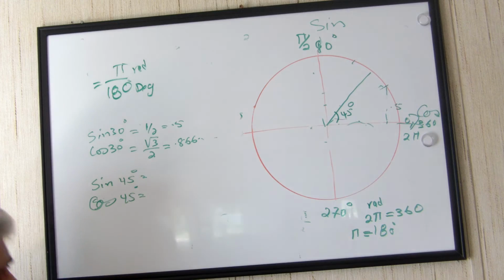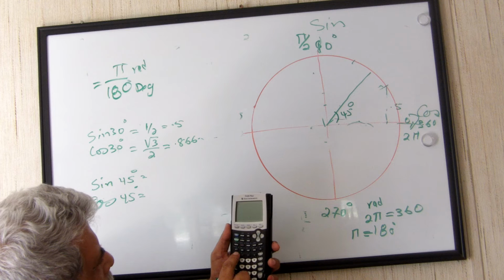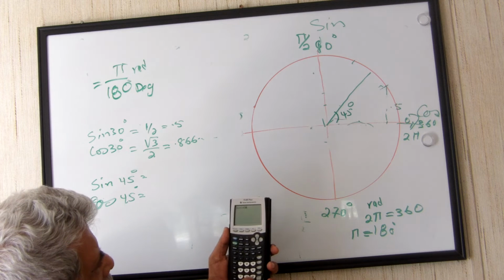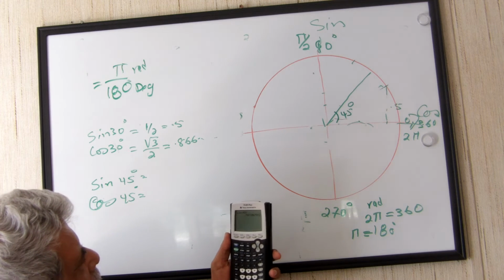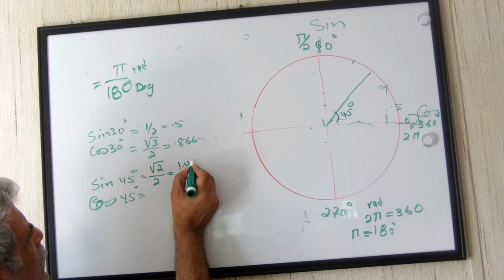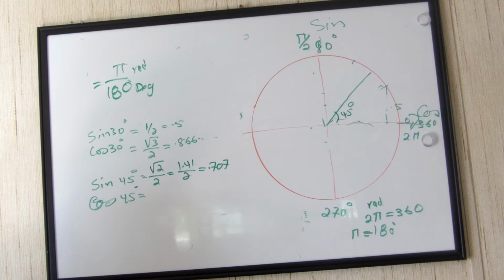If we use a calculator, it's 0.707, which is 1.41 divided by 2.